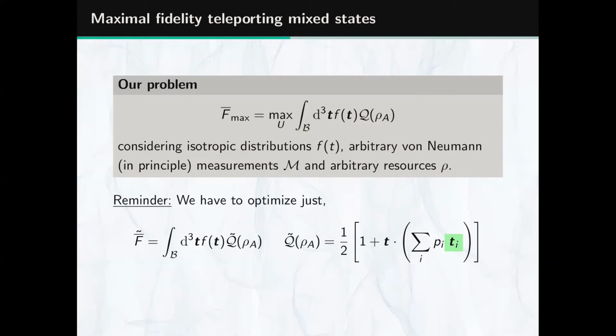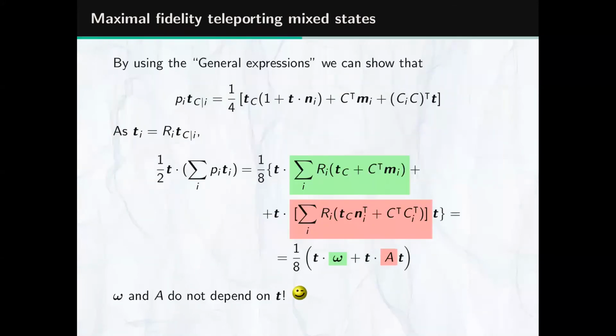our first task is to calculate this scalar product. Then by using the general expression, we can calculate first these, and then by performing the unitary operations, we have this.